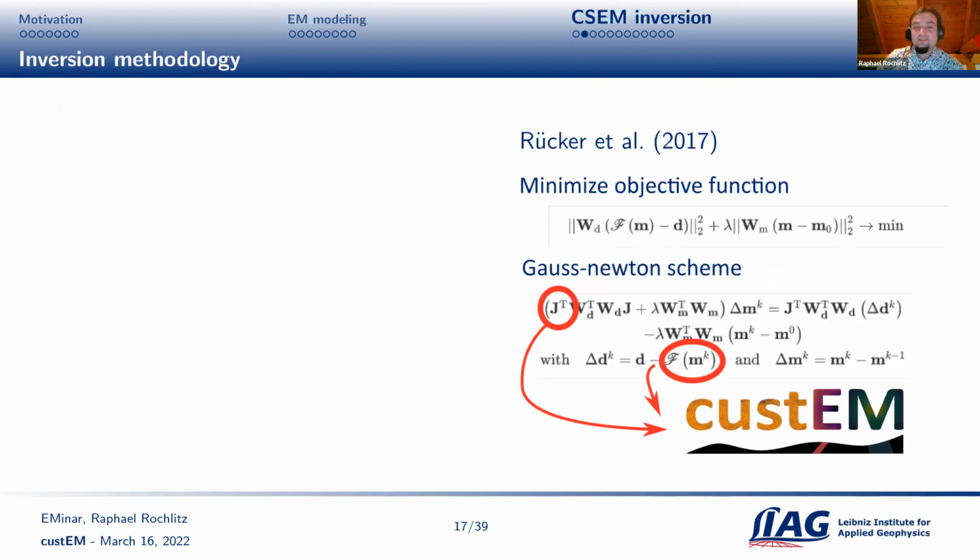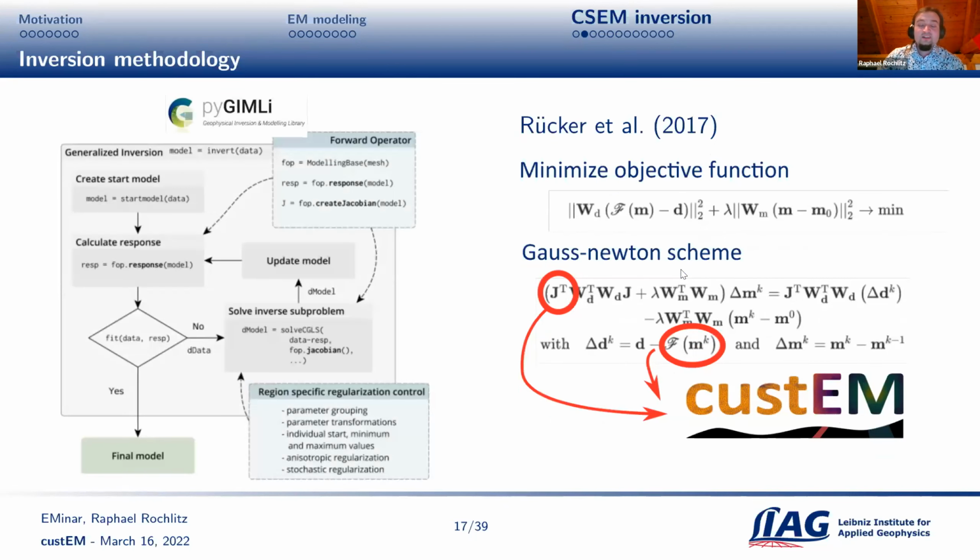And this pyGIMLi framework uses a Gauss-Newton minimization scheme. In this Gauss-Newton scheme, we basically need to provide the forward operator and the Jacobian with custEM, because pyGIMLi deals with the complete inversion procedure.